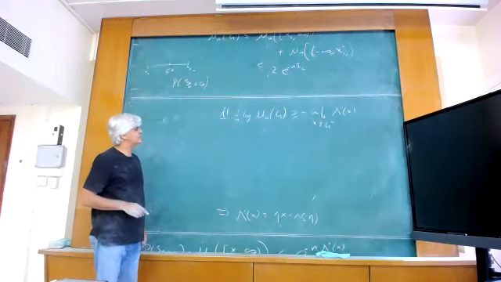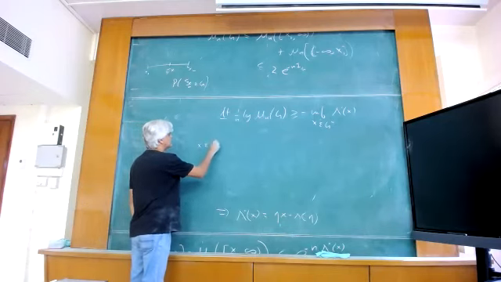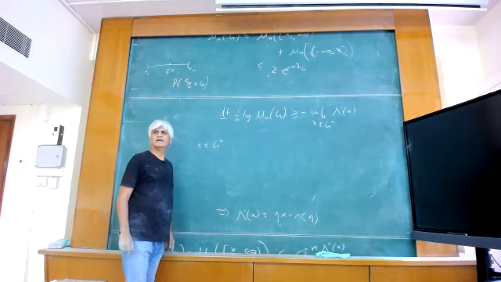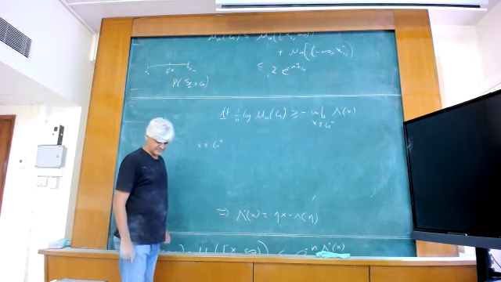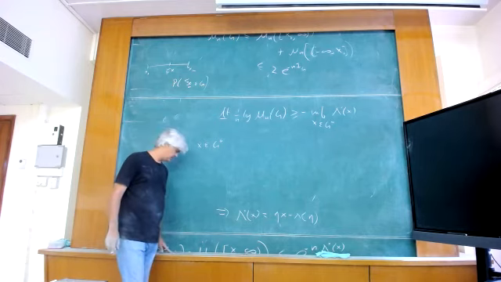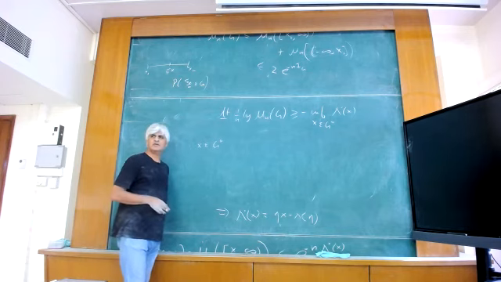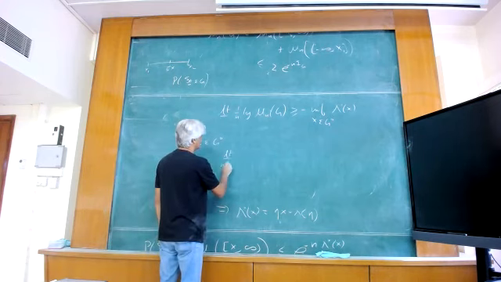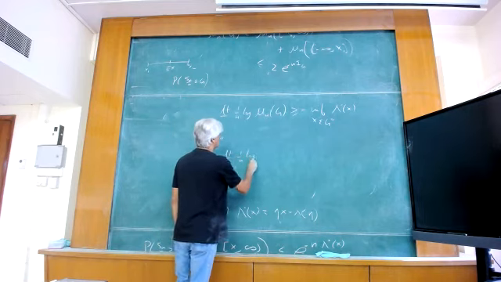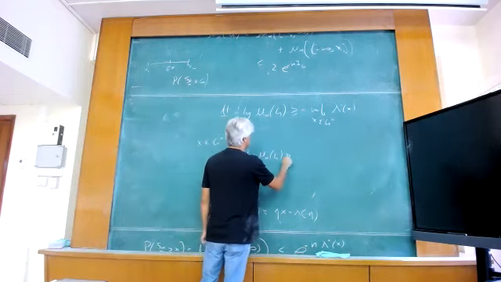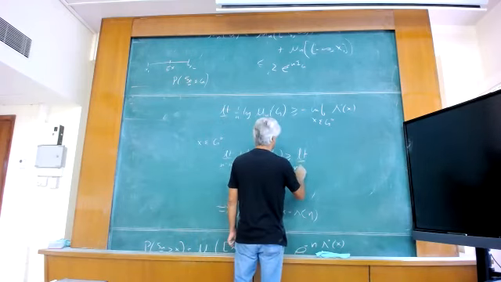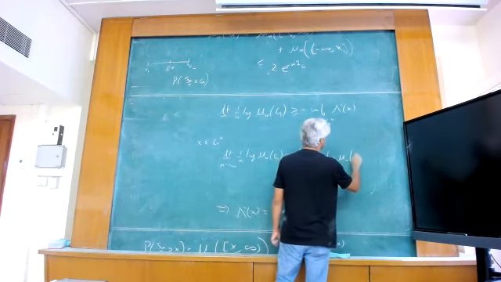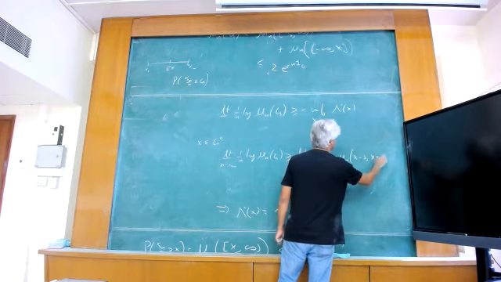But the point here is, let's look at a point x which lies in the interior of G. This tells you there's a neighborhood around it which is also in the interior of G. So I can then show that the lim inf as n goes to infinity of 1 by n log mu n of G is certainly greater than or equal to the lim inf of 1 by n log mu n of, let me use some loose notation, the neighborhood x plus delta.